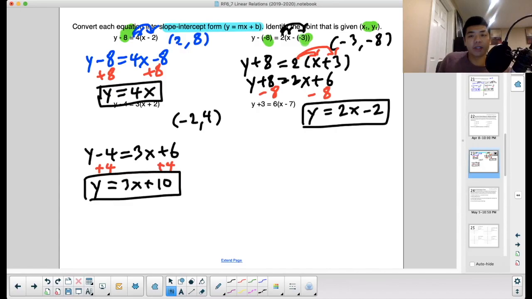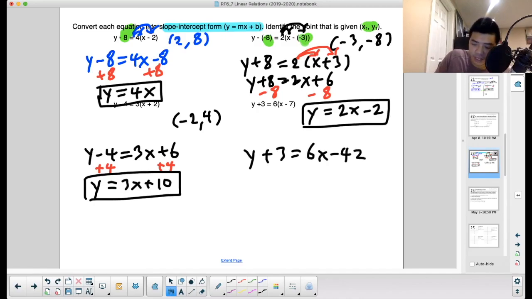And last but not least, example number 4. I want to make sure I distribute that 6, so 6 times x and 6 times negative 7. We'd end up with y plus 3 is equal to 6x minus 42. Before I forget, the point we were using for this example would be positive 7 and negative 3.